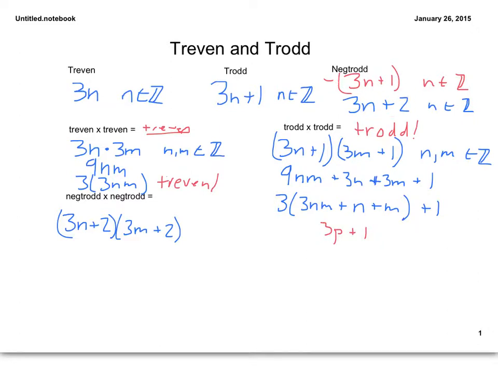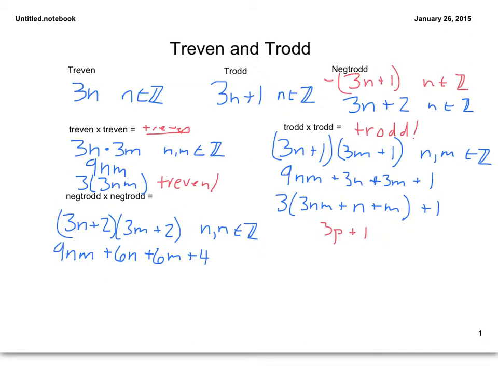That's a nice little exercise. Okay, so again with n and m, tell me what they are. They're elements of the integers. And then start your distribution. So first one, 9nm plus, now I'm going to do 3n times 2, that's 6n, plus the next one, 2 times 3m, that's 6m, plus 2 times 2, that's 4.